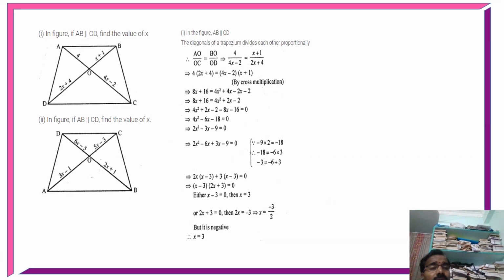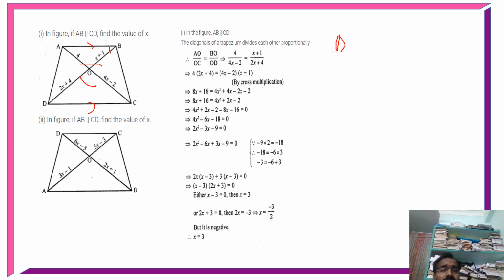It is given a trapezium. We know in a trapezium two sides are parallel. If these two are parallel, first we will prove that these two triangles AOB and COD are similar to each other. In the trapezium, as the parallel sides are equal, these two are vertically opposite angles.